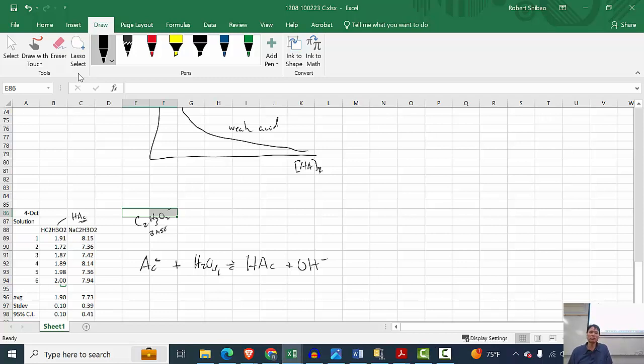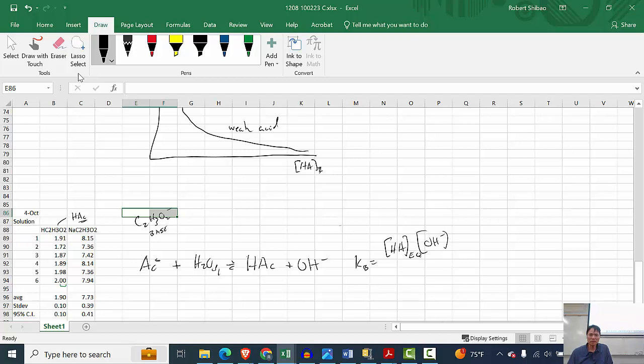Acids hydrolyze water to produce hydronium. We'll get a Kb equation for this. This is base hydrolysis. Kb, did I already do Kb? I don't think so. But Kb is going to equal the acetic acid concentration at equilibrium times the hydroxide concentration at equilibrium divided by the acetate concentration at equilibrium.